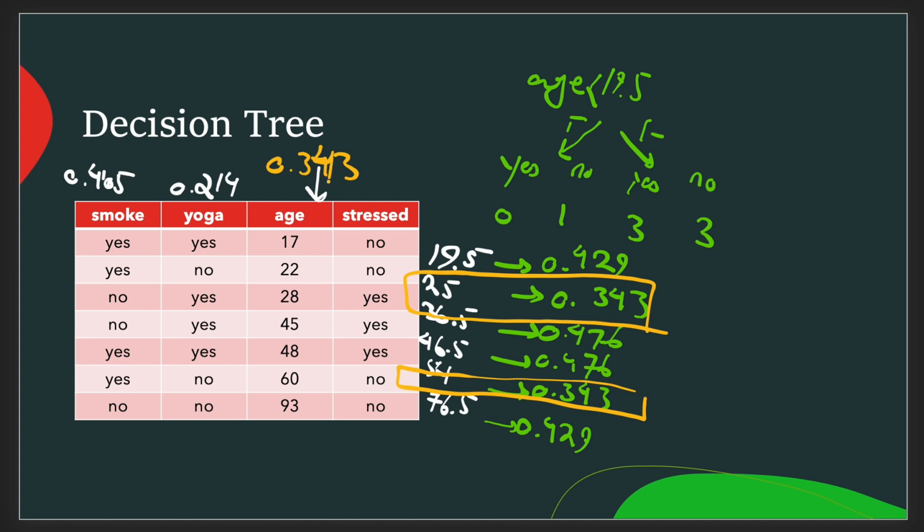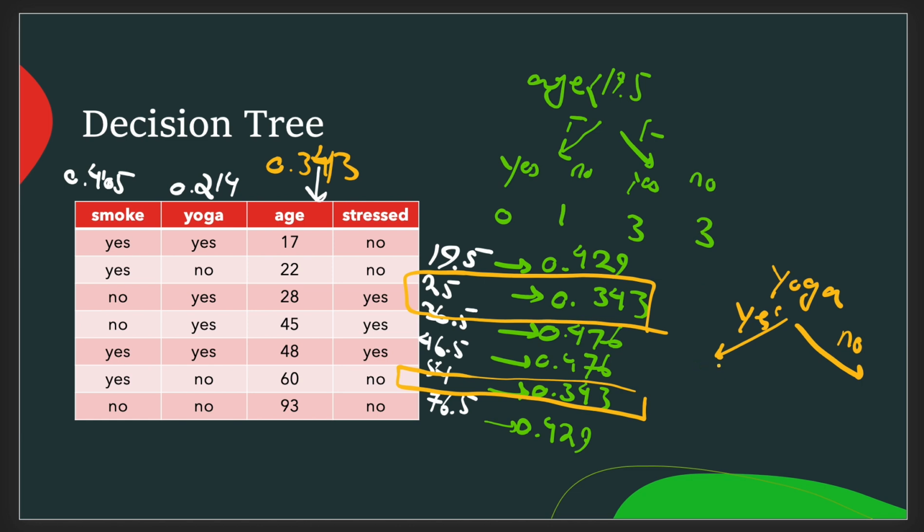This is for age. And then when you compare these values, you see that the second feature, whether they do yoga or not, has the lowest Gini impurity number. So this can be the root of your tree. So far, we can say that it's whether they do yoga or not, yes and no, or true or false.